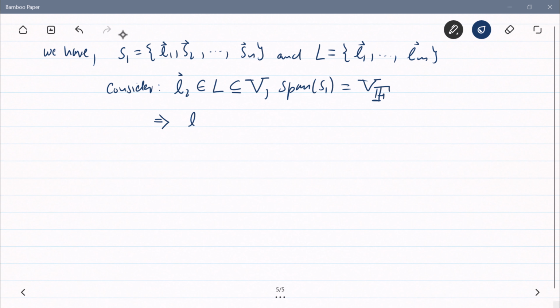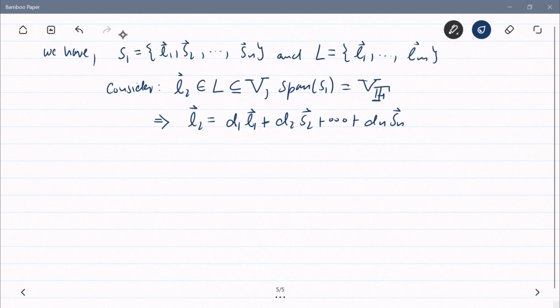That is, let us choose something else. Let us choose D sub 1 L sub 1 plus D sub 2 S sub 2 plus dot dot dot D sub n S sub n.